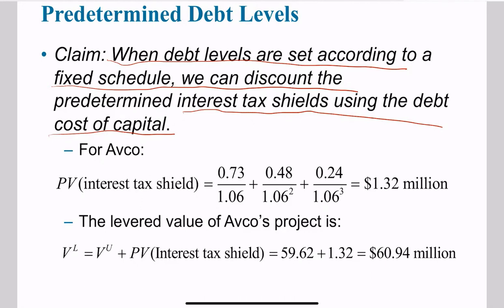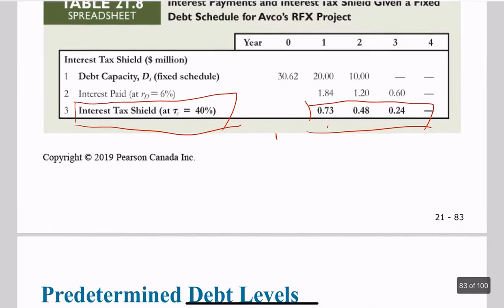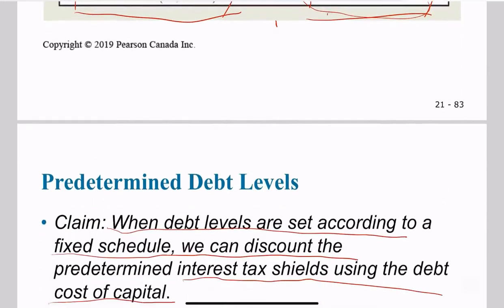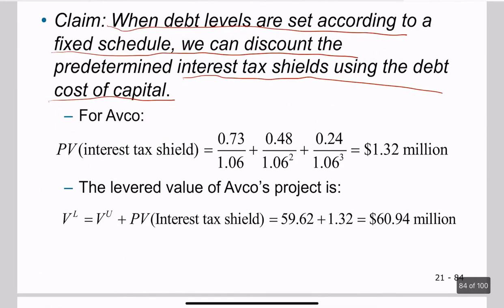For Avco, we know that its debt cost of capital is 6%. So we will discount these three numbers at a 6% discount rate. This gives us an interest tax shield of $1.32 million.